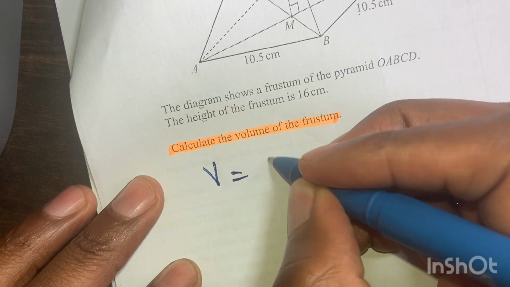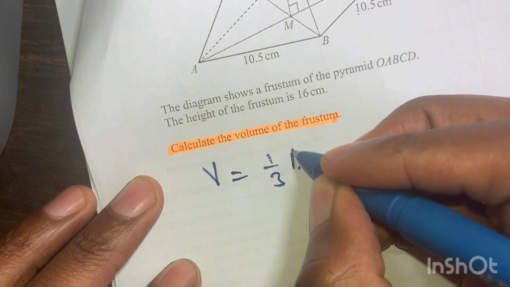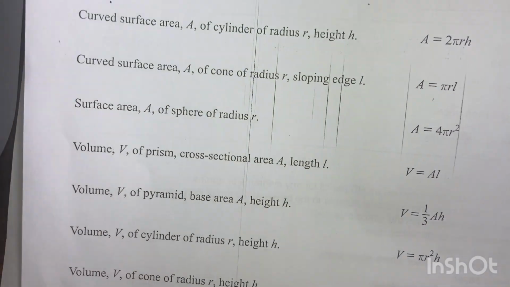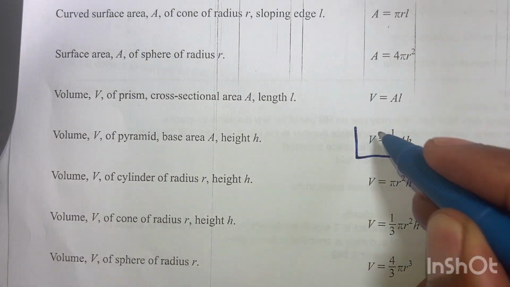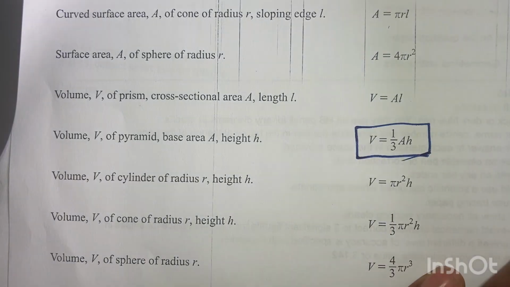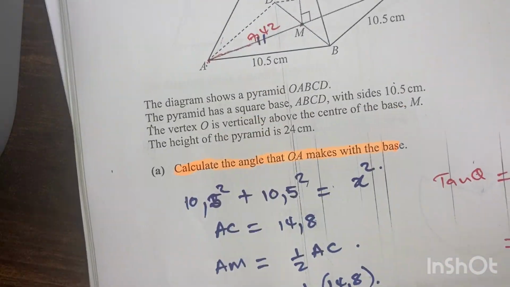V is equal to 1 over 3 AH. That's the volume according to the table, the data that is given here.